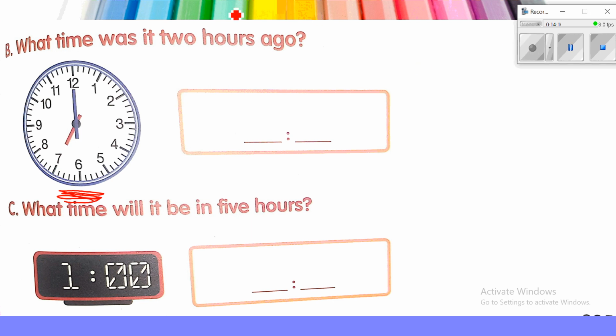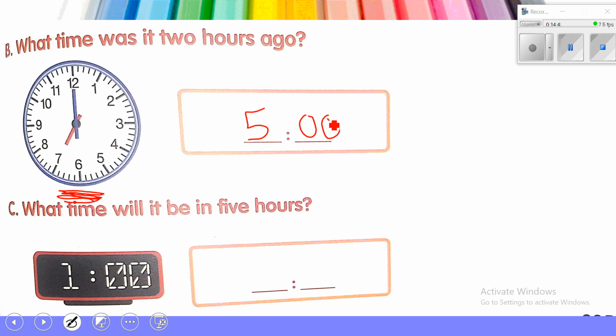Again, the question said, what was it 2 hours ago? So I go back 2 hours. Here is 7. What before 7, 1 hour? 6. But I don't want 6, 1 hour only. I want to go back 2 hours. So the answer is 5 o'clock. Perfect. So here is 5 and here is 0, 0.